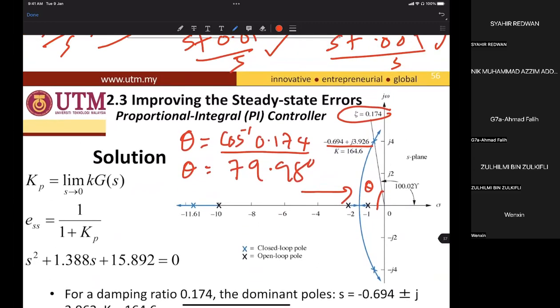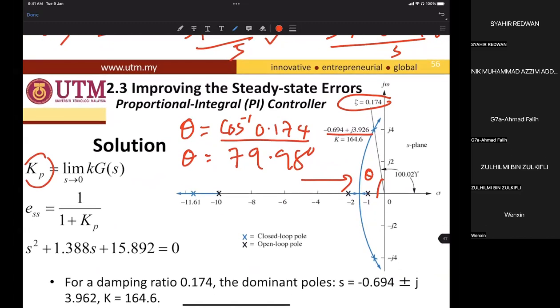Okay, type 0. So if type 0, we use Kp. So Kp is limit s to 0 of G(s). And the error is 1 over 1 plus Kp, and the dominant pole equation is s squared plus 1.388s plus 15.892 equal to 0, which is this one.